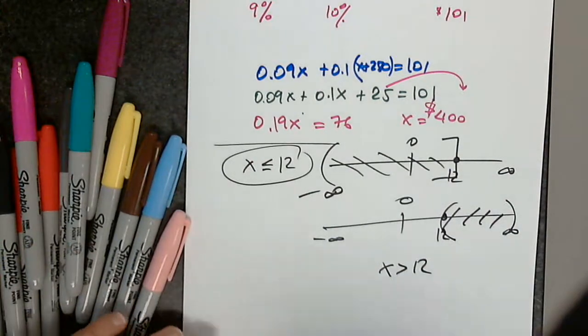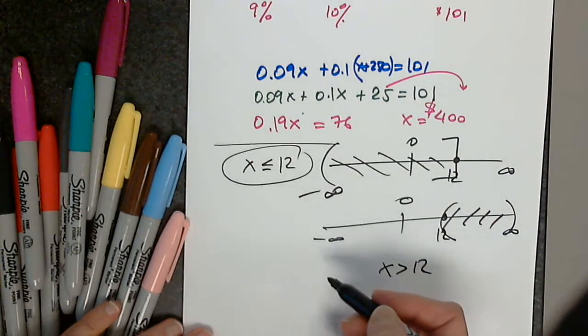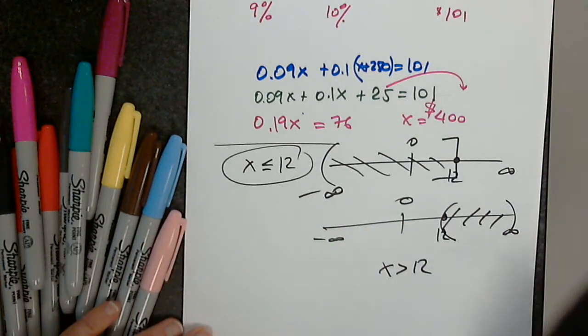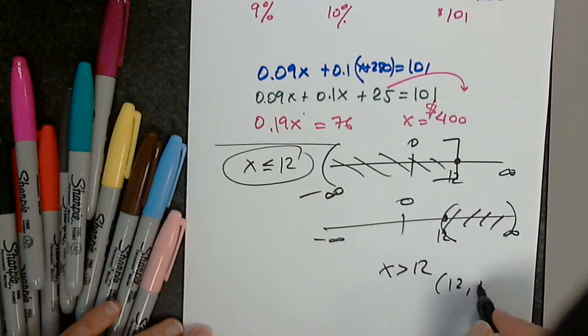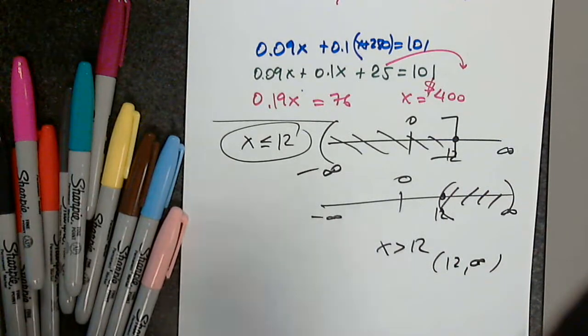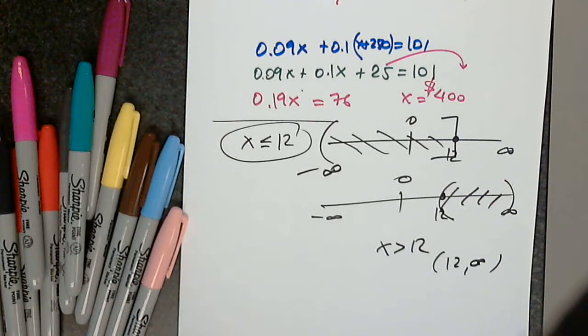I have to read from left to right. I cannot say infinity to 12 because we read from left to right. So I have 12, comma, infinity. That is exactly what the inequality is telling me. Better? So always write from left to right. Even in nations who write from right to left, like Arabic and Hebrew, math is still from left to right.